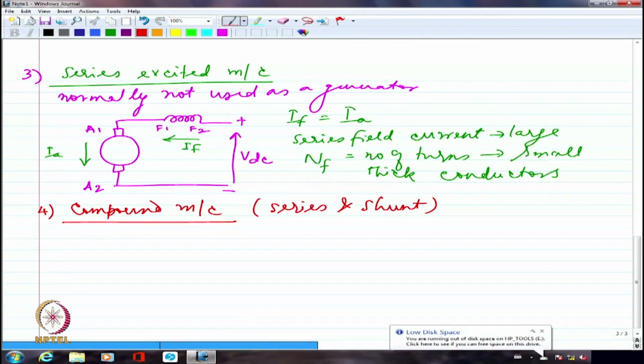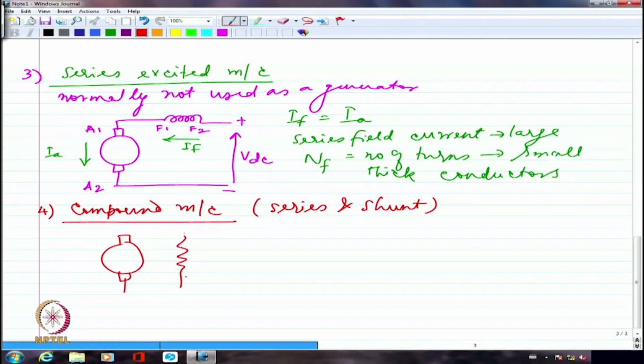So please understand this again and again. If I am talking about an armature, and if I am connecting a small resistance, I am going to demand more current for a given voltage. If I connect a smaller resistance, I am demanding more current.